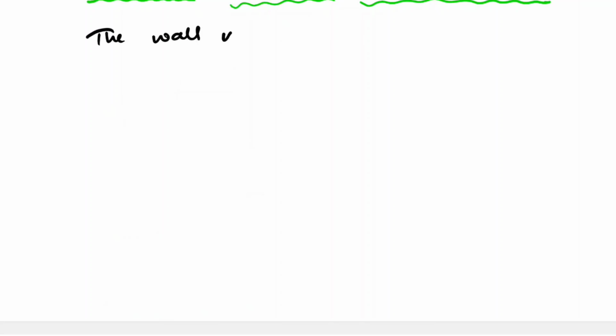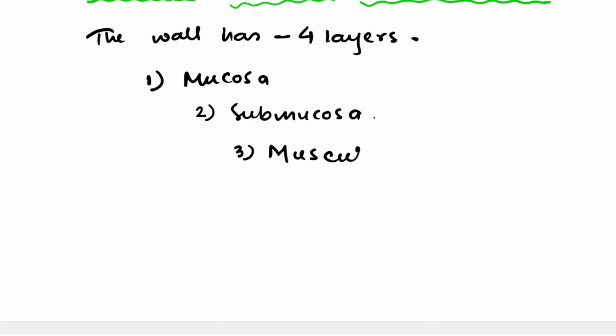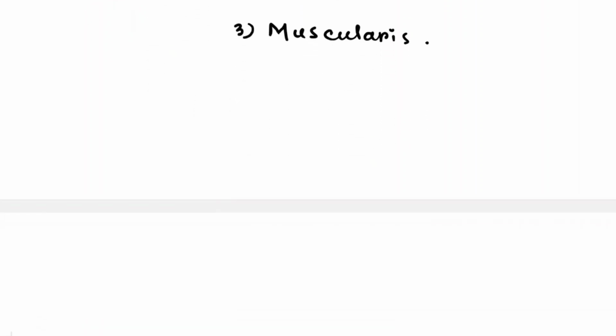First point is mucosa, second one submucosa, third muscularis, and fourth one is serosa.